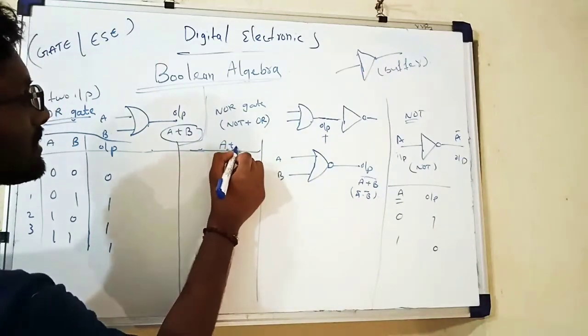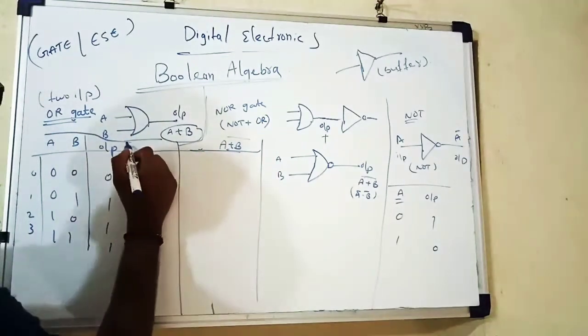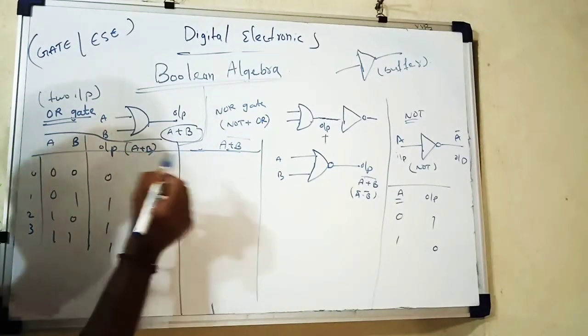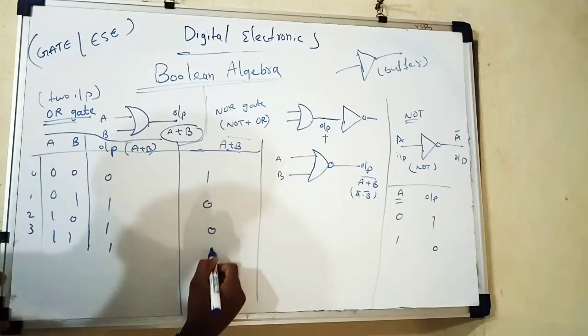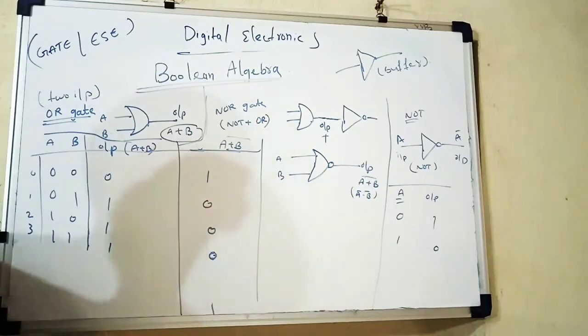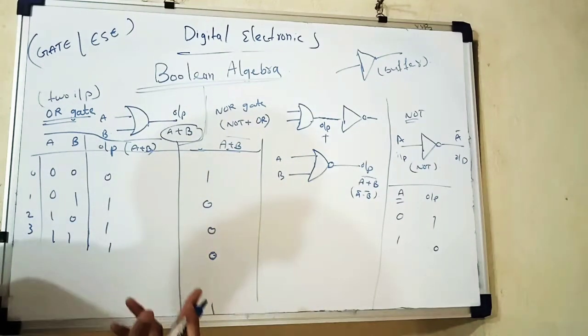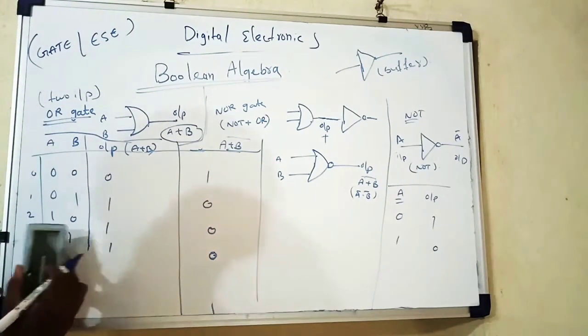This is A plus B whole bar, nothing but complementing the sum of A plus B. The OR output is A plus B, and we just complement it. This gives 1, 0, 0, 0. Here the NOR gate is nothing but whenever all inputs are zeros, the output will be 1. This is about the NOR gate.